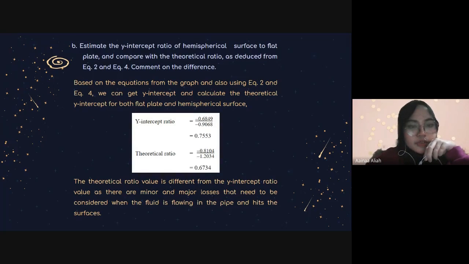So based on the equations from the graph and also using equation 2 and equation 4, we can get the y-intercept and calculate the theoretical y-intercept for both flat plate and hemispherical surface, where the y-intercept ratio equals 0.7553 and the theoretical ratio equals 0.67. From the value obtained, the theoretical ratio is different from the y-intercept ratio, as there are minor and major losses that need to be considered when the fluid is flowing in the pipe and hits the surface.